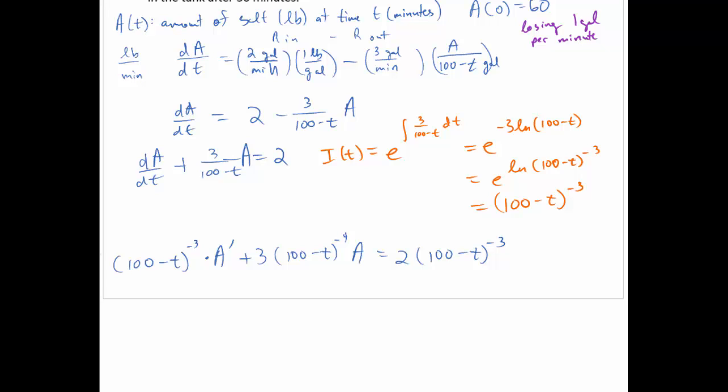Integrating both sides would yield 100 minus t to the negative third times A.